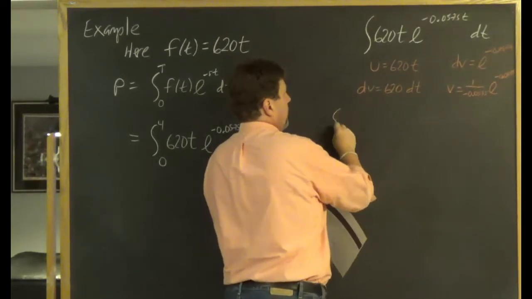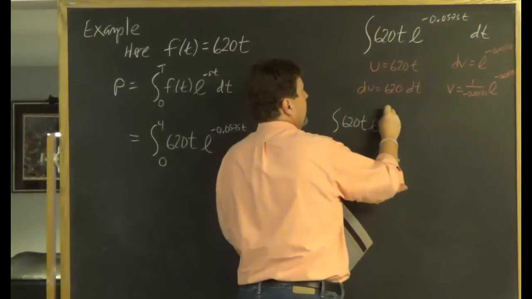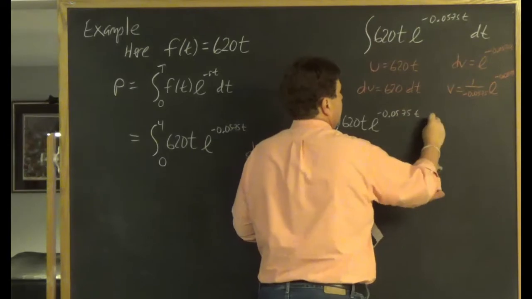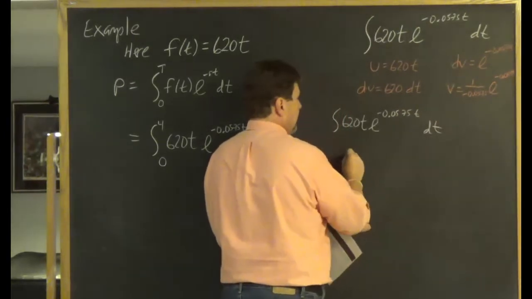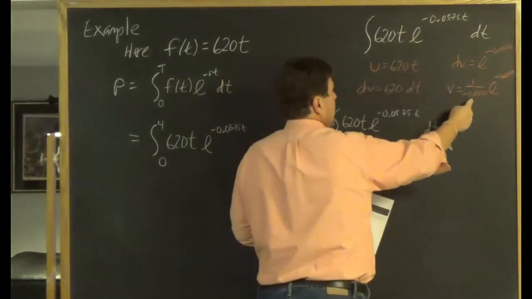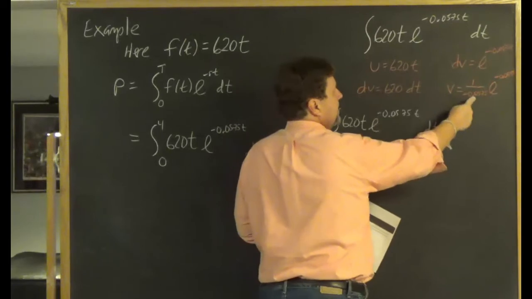So when I integrate 620t e to the negative 0.0575t dt, when I crank that through integration by parts, I get u times v. So 620t times that mess.